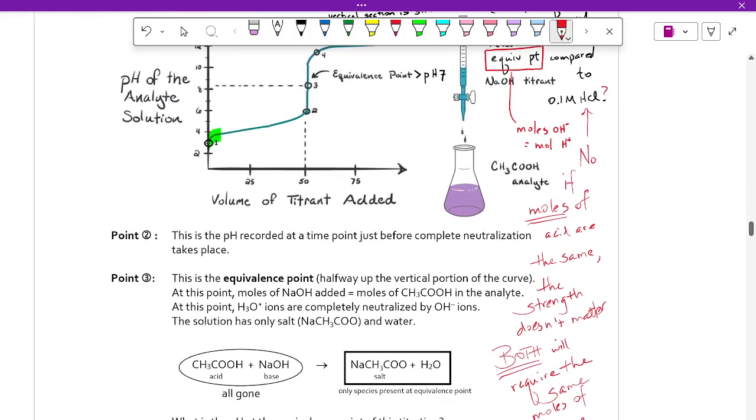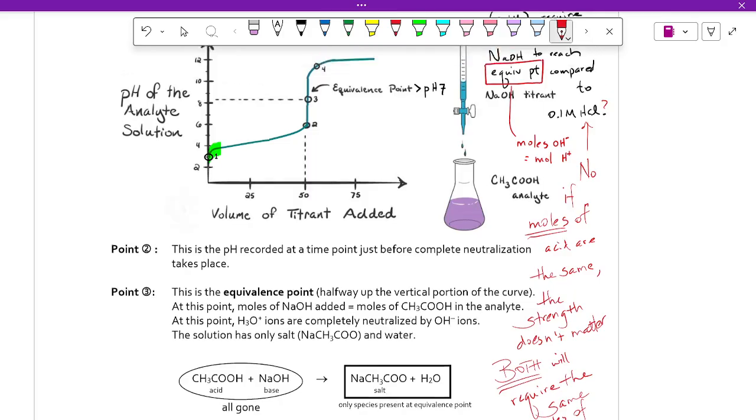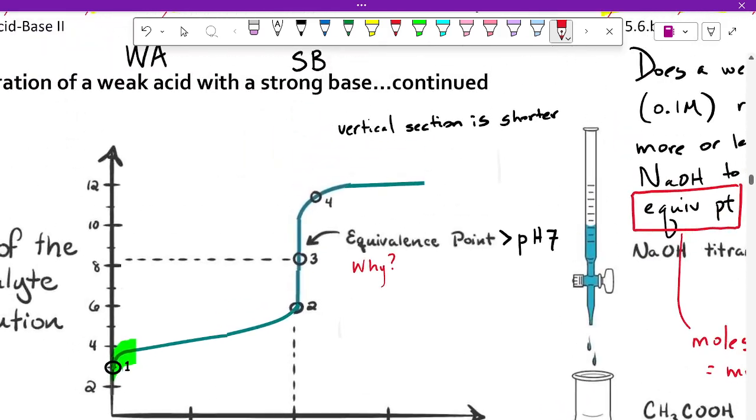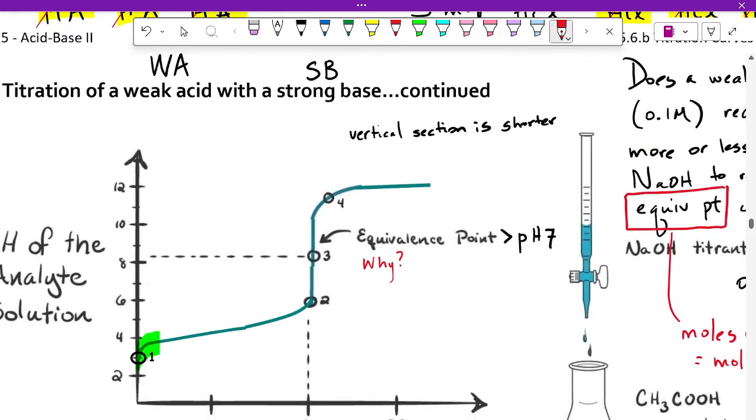All right. Why is the pH at the equivalence point greater than 7? We got a weak acid and a strong base.